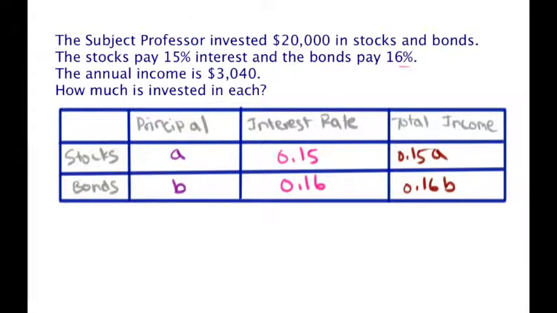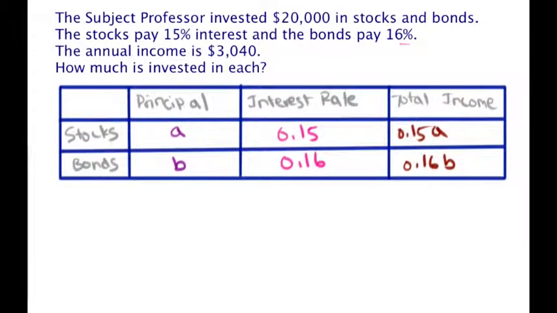So now we move on to our equation. We'll go a bit more down. Okay, so we're going to start. So the first equation is the amount. So we know that the amount invested in stocks was A, and the amount invested in bonds was B, and the total was 20,000.